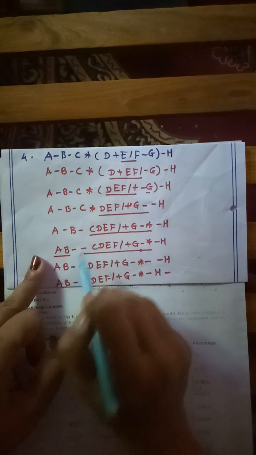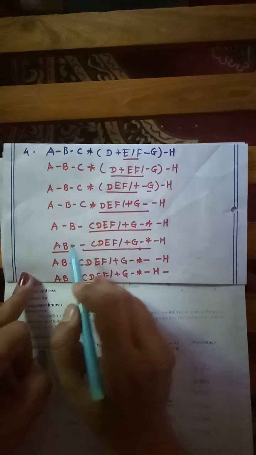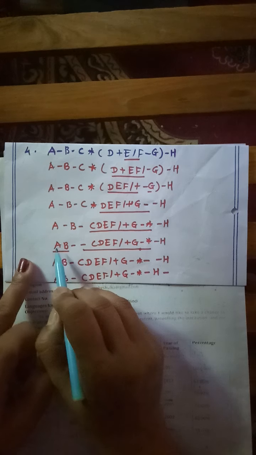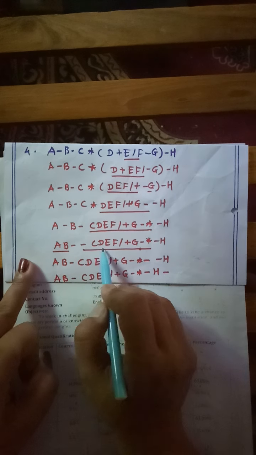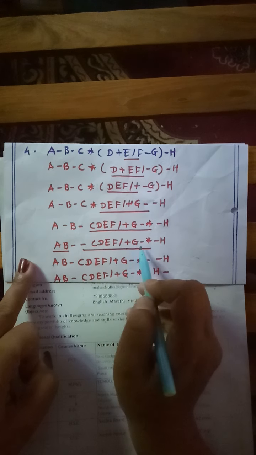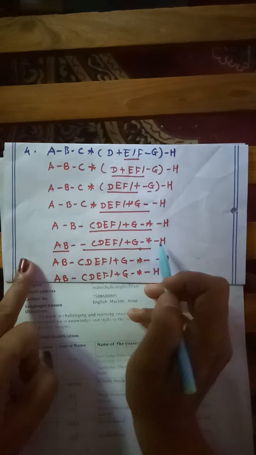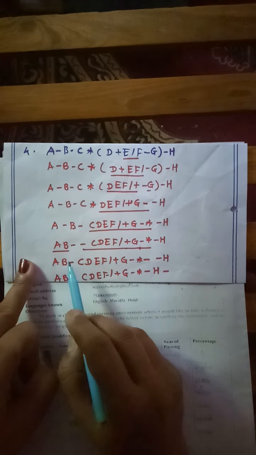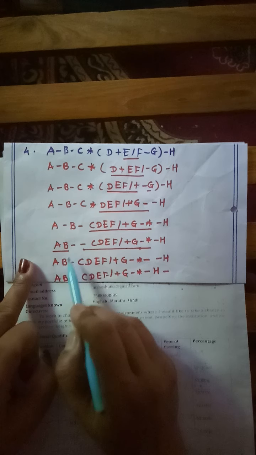Now we go from left to right here. So A minus B, now we convert it into the postfix form: A B minus C D E F slash plus G minus star minus H. Now we convert this into the postfix form.